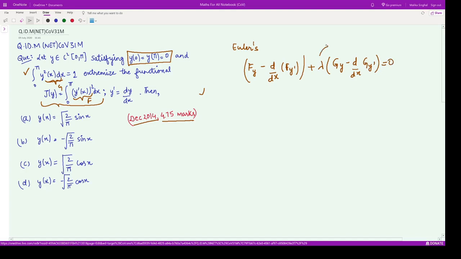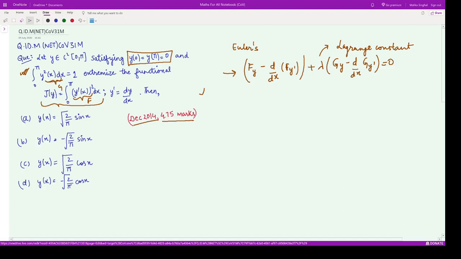Here lambda is known as Lagrange's constant, which has to be determined using the given extra condition, the subsidiary condition, this one, right. So let us get started.